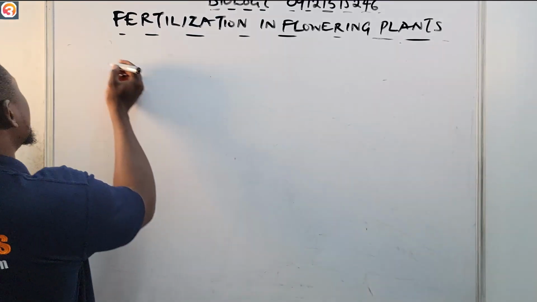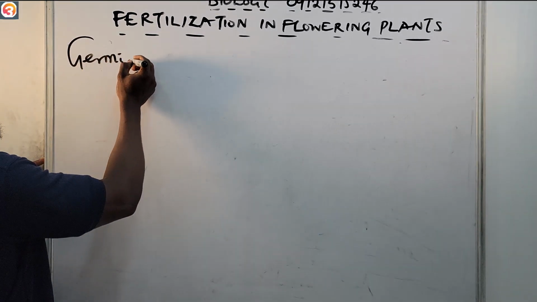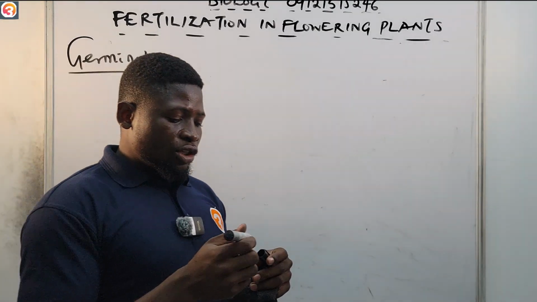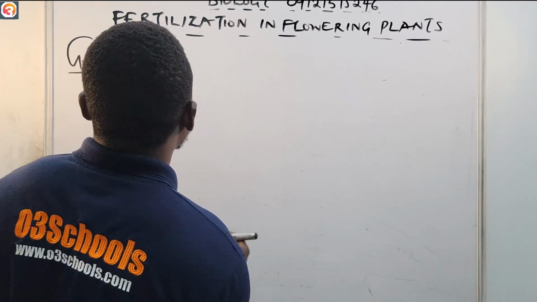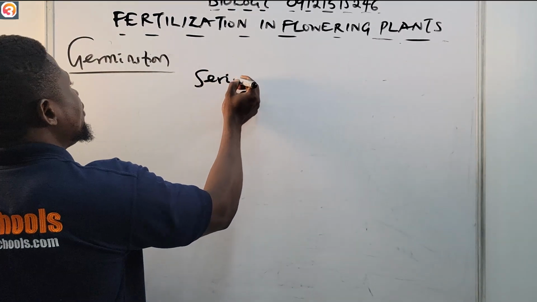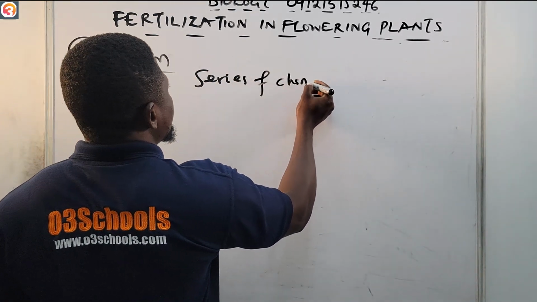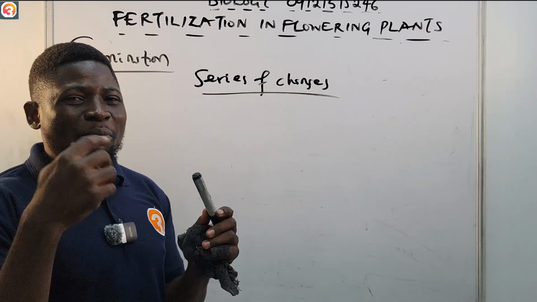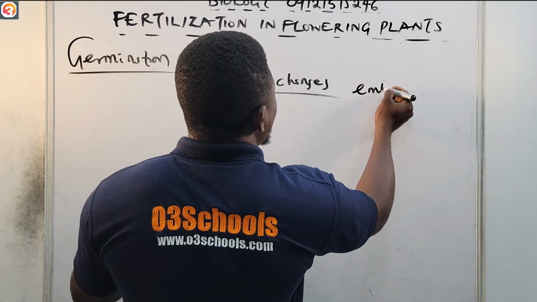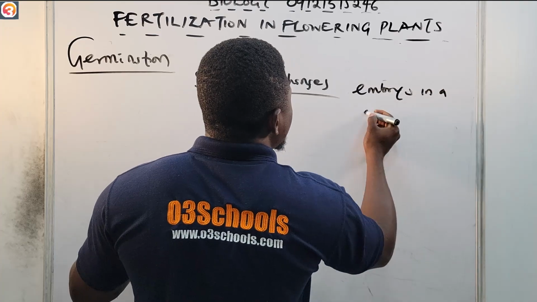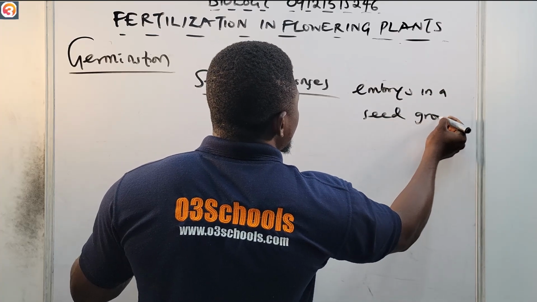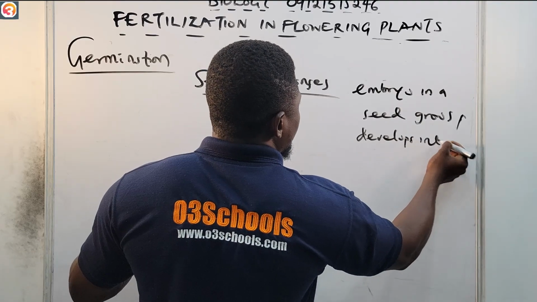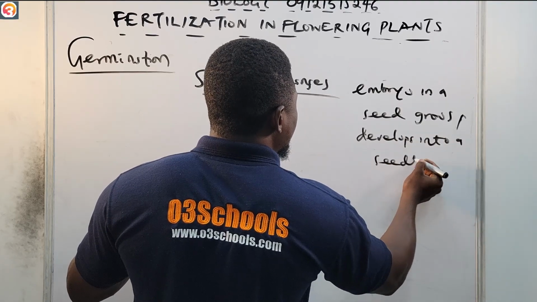So now let us go to germination. What is germination? Germination refers to a series of changes which occur when the embryo in a seed grows and develops into a seedling.